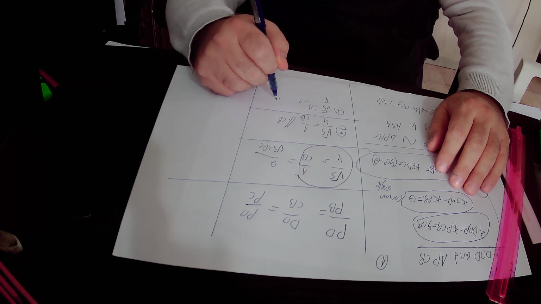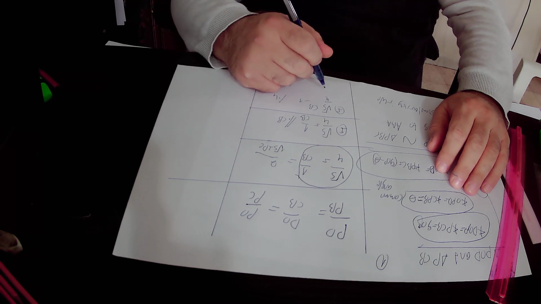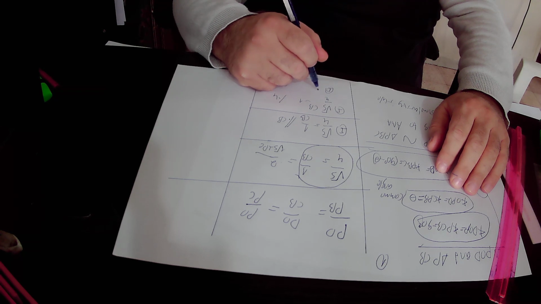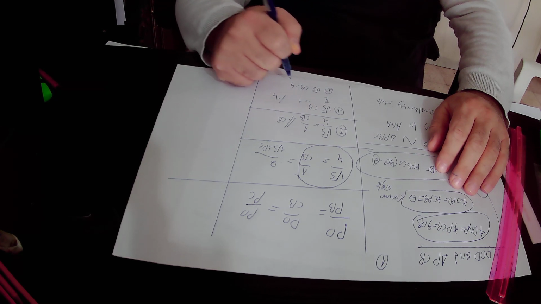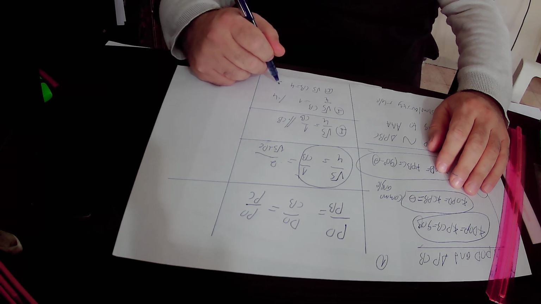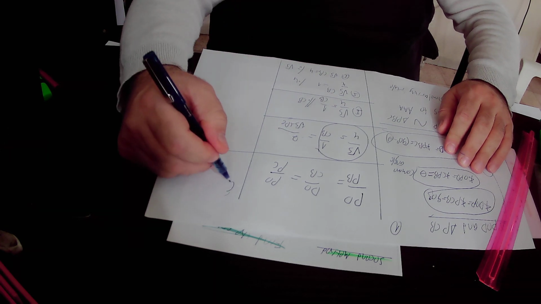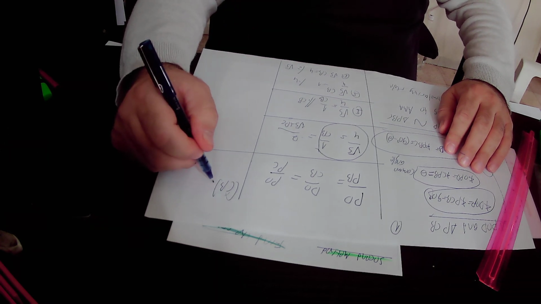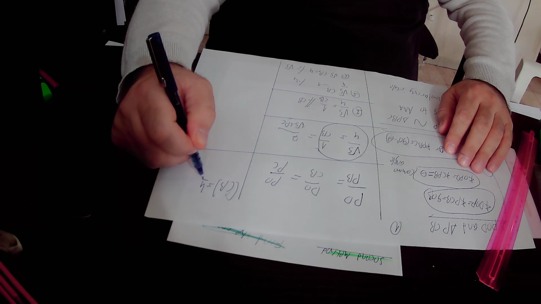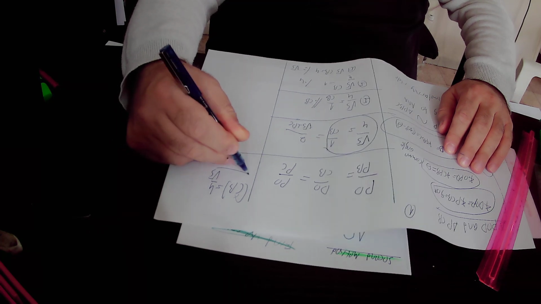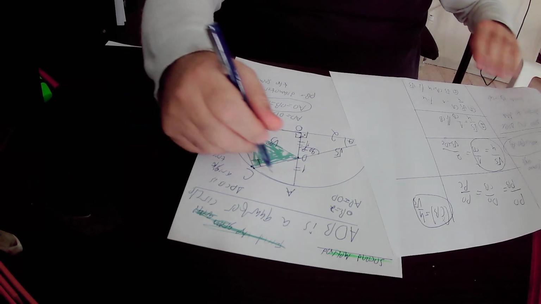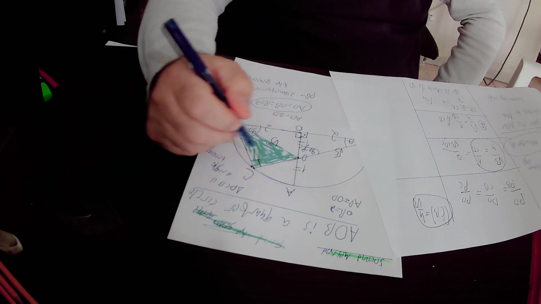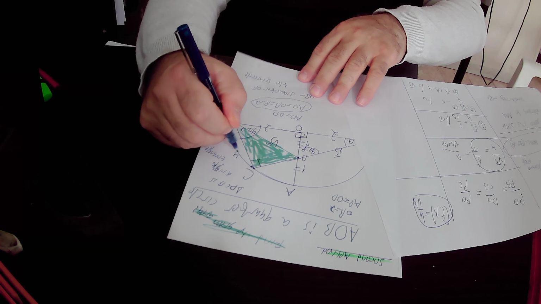We'll multiply this equation by 4, and we'll get that square root of 5 times CB equals 4. Here we'll divide this equation by square root of 5, and we get that CB equals 4 over square root of 5. So we found out here that CB equals 4 over square root of 5.